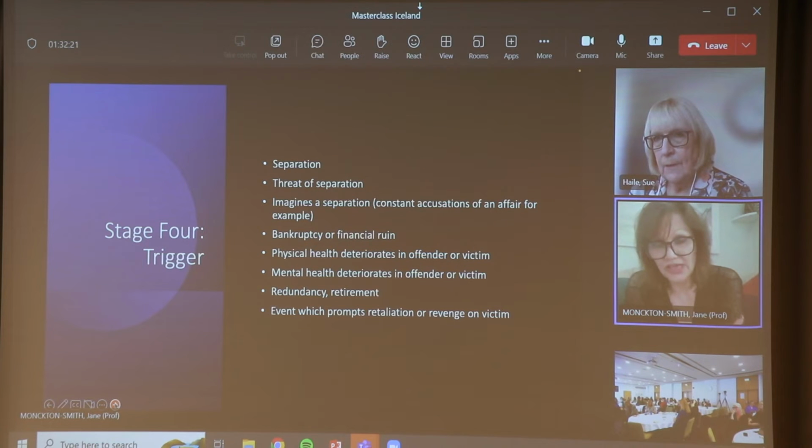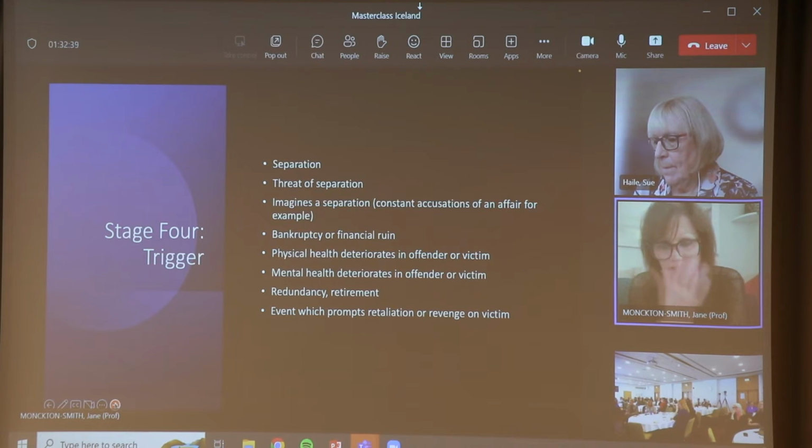We have looked at cases where women have killed men in this context. Now, there was some research done in England and Wales recently by the Centre for Women's Justice, and they found that where women were killing their intimate partners, in 77% of the cases they looked at, it was in response to them being a victim of domestic abuse.